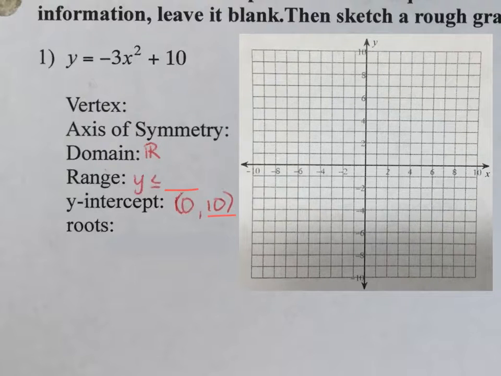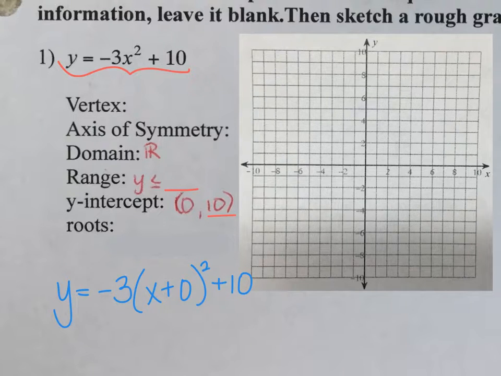Okay. My vertex then, this is something that we talked about today. Secretly, because there's no middle term, I can actually add parentheses here. So I'm going to rewrite this equation, and it's going to say y equals -3, and if I put parentheses, there's nothing in there, so that's just (x + 0)² + 10.